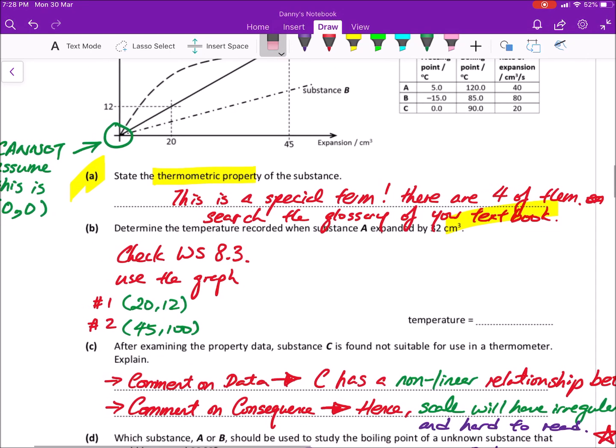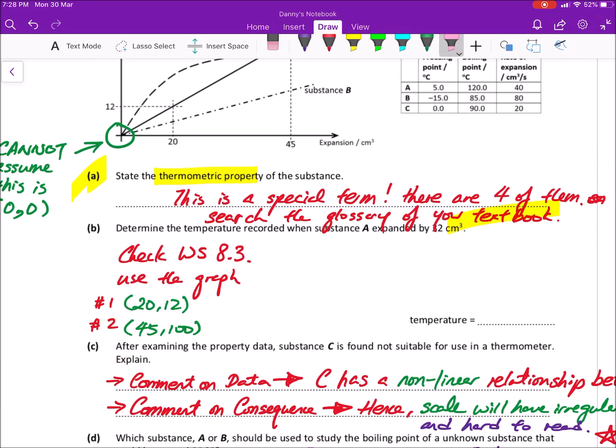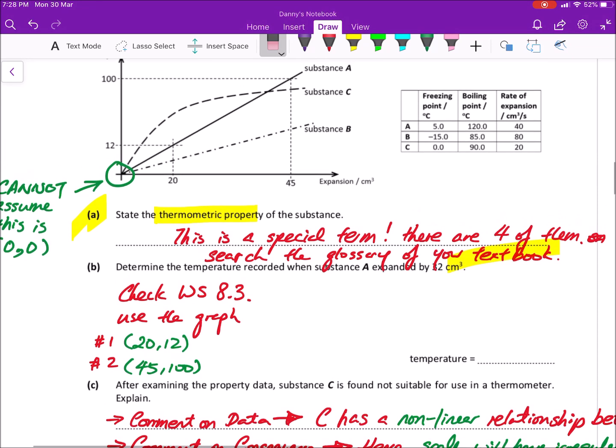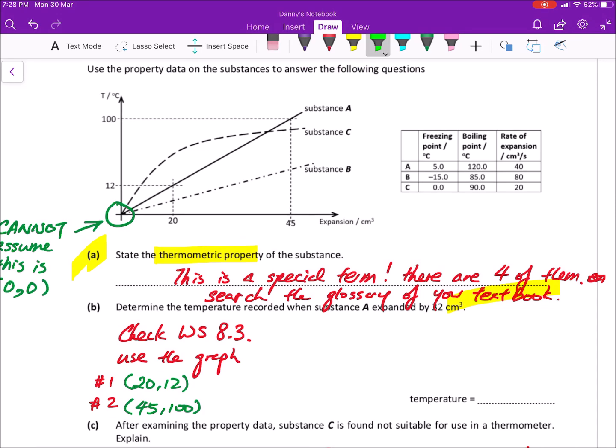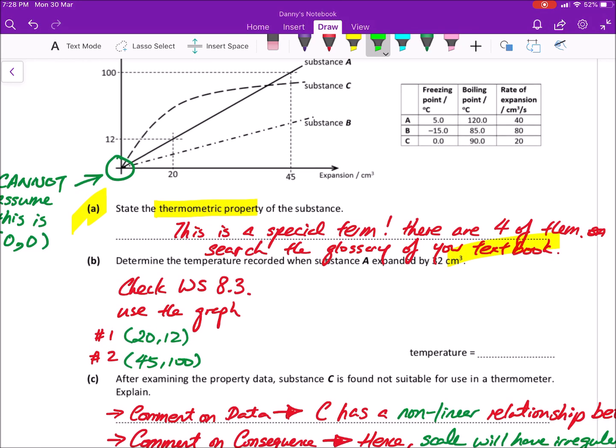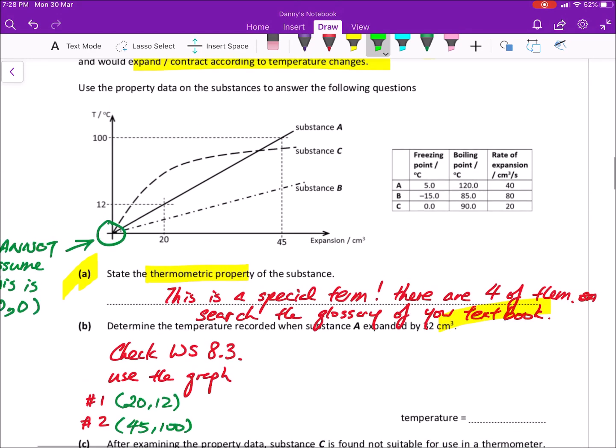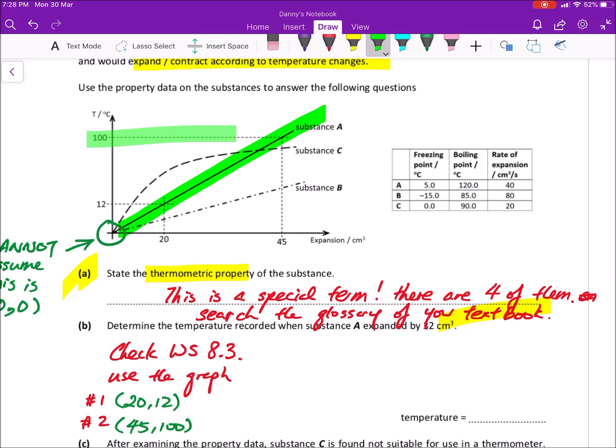Next is about your calculation. Similarly, if you have forgotten how to do a calculation, please refer to your worksheet 8.3. For those of you who have referred to the worksheet and still are not sure, this is a very quick way of explaining. I'm interested in the temperature of substance A. When you look at substance A, there are already 2 pieces of information given to you.